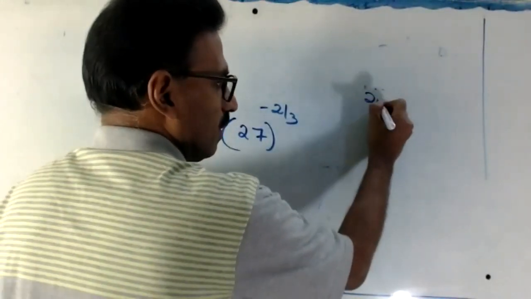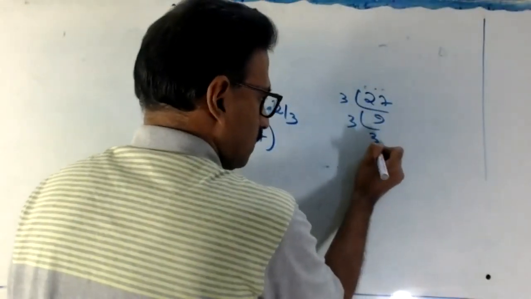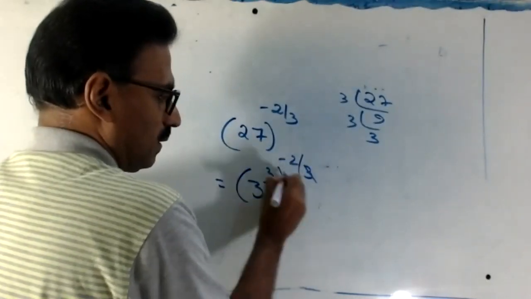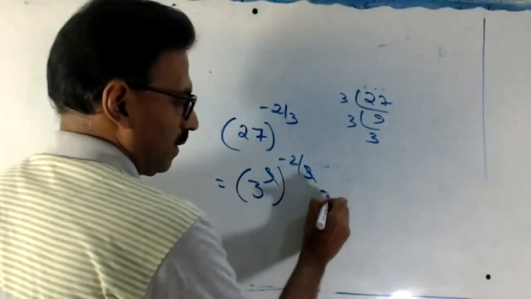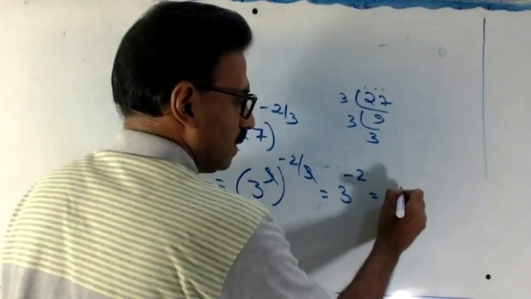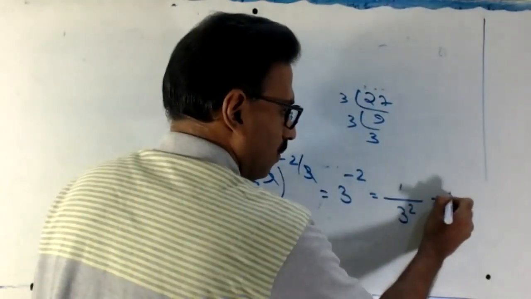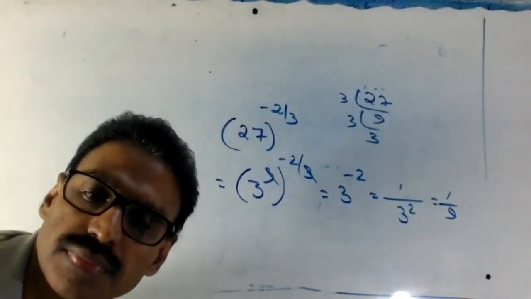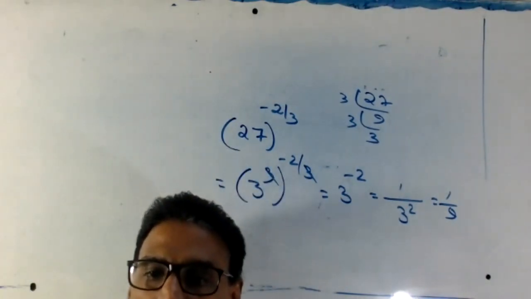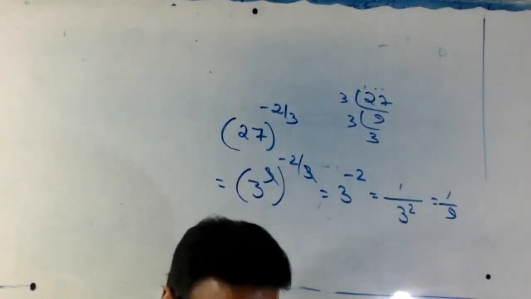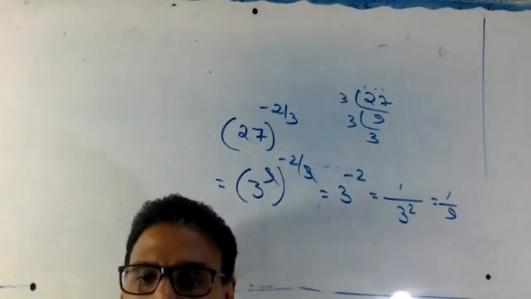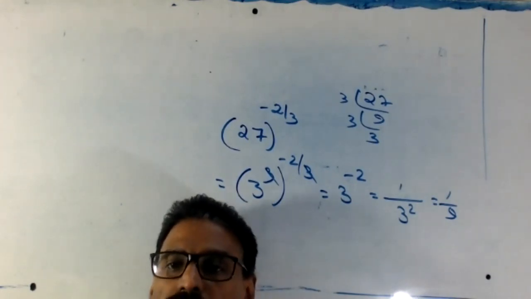Or we can find out 27 like this: 3, 9, 3, 3. 3 cube whole raised to minus 2 by 3. 3 cancel. That means what? 3 raised to minus 2. That is 1 by 3 square equal to 1 by 9. Okay, clear now. Up to here, okay?